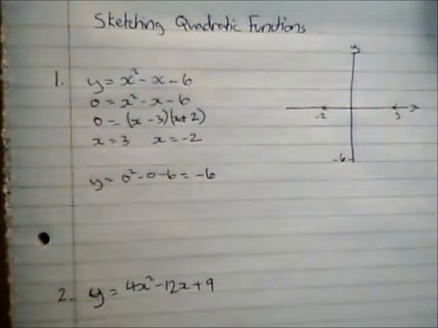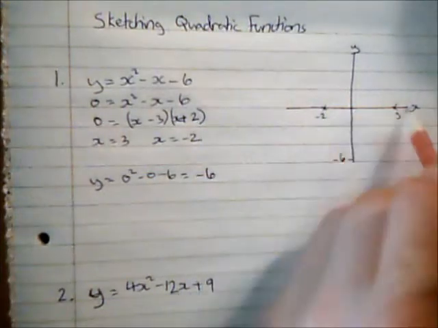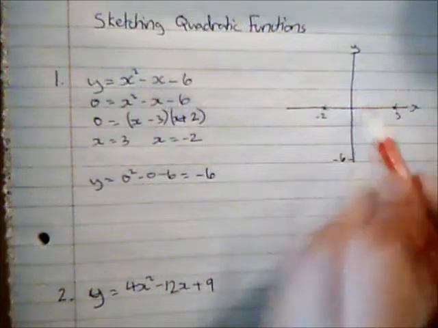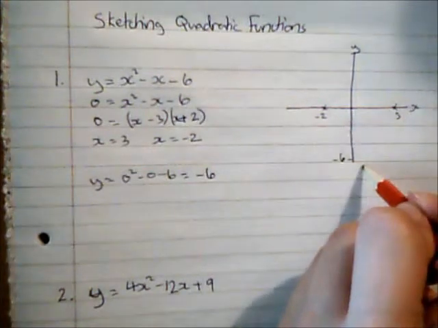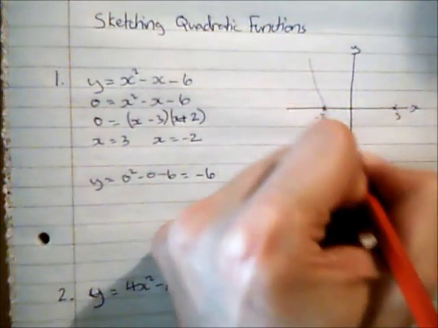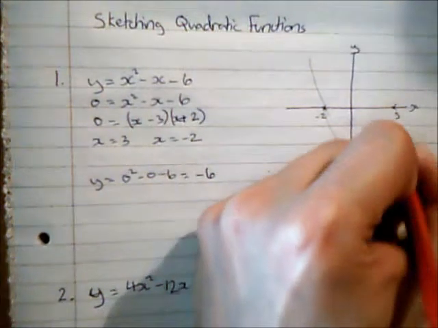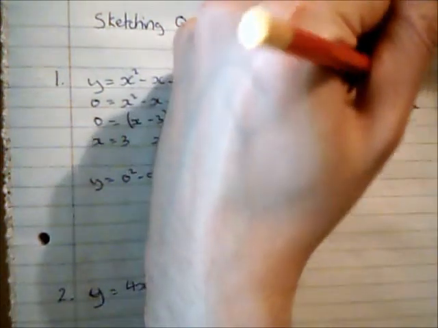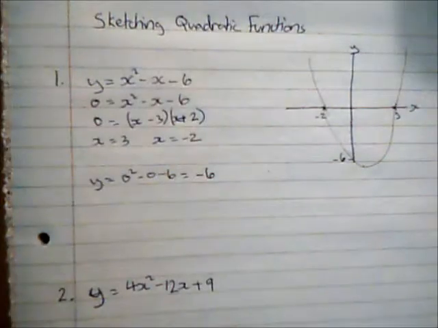Now the turning point is going to be halfway between the two x-intercepts, so it's going to be a half, and we know that because it's going to be symmetrical. Now, that's not the most brilliant sketch, but it will do. We've got the key features there. It's the right way up. We've shown the three intercepts as well.